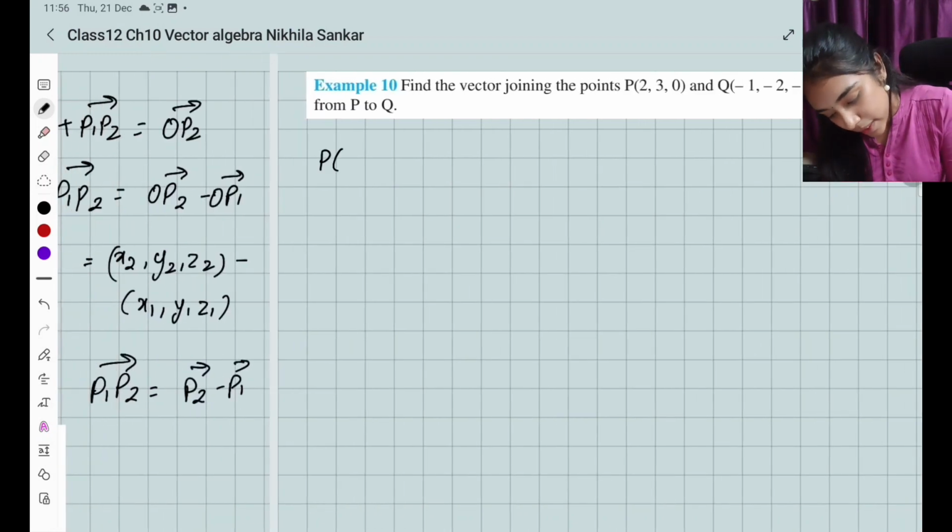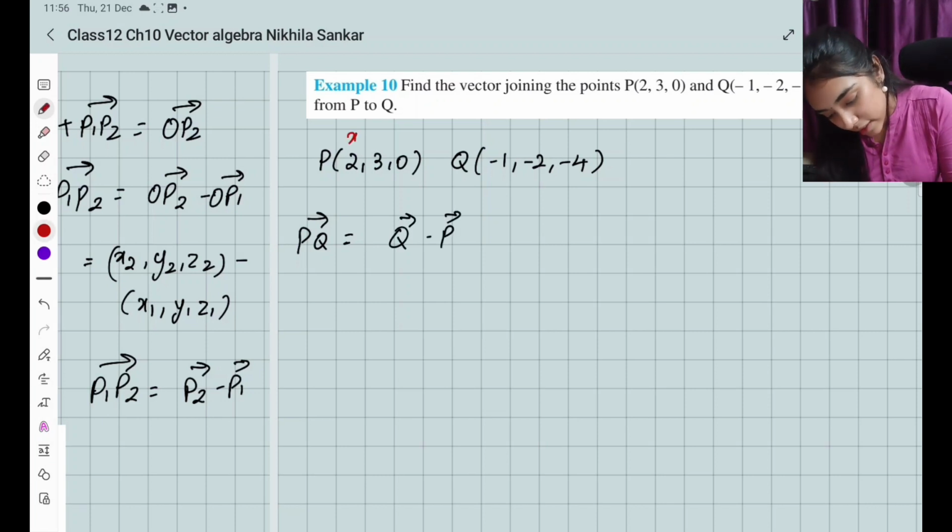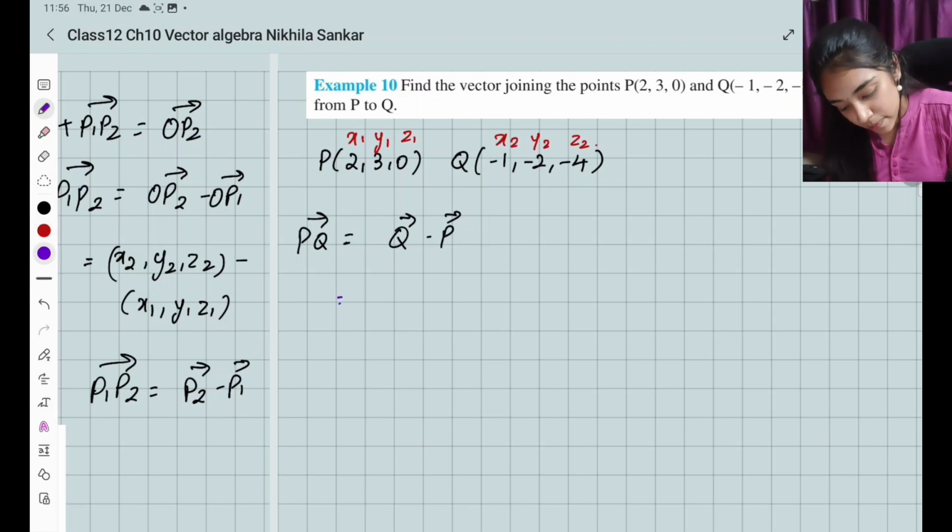Okay? இது example போடுவோமா? Find the vector joining the points P and Q. So, I have P to be 2, 3, 0 and Q to be minus 1, minus 2, minus 4. இப்போ directed from P to Q சொல்றாங்க. So, I will do Q minus P, which is going to be, let me write the coordinates, X1, Y1, Z1, X2, Y2, Z2. So, when I do X2 minus X1, so I have minus 1 minus 2, i cap, plus Y2 minus Y1.